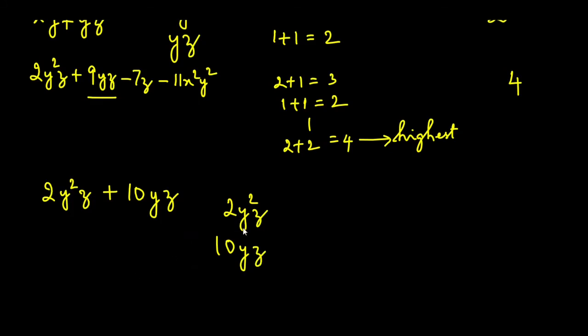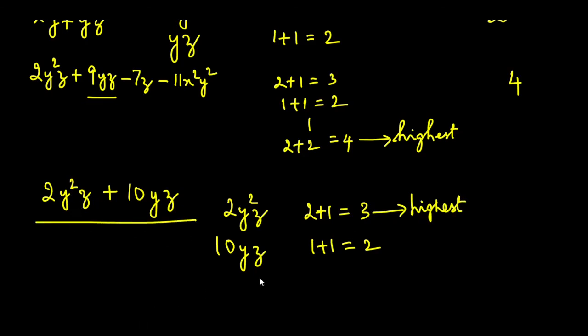The degree of 2y square z is 2 plus 1, it is 3. The degree of 10yz is 1 plus 1, this is 2. Among these two, the highest one is 3. So the degree of this algebraic expression is 3.